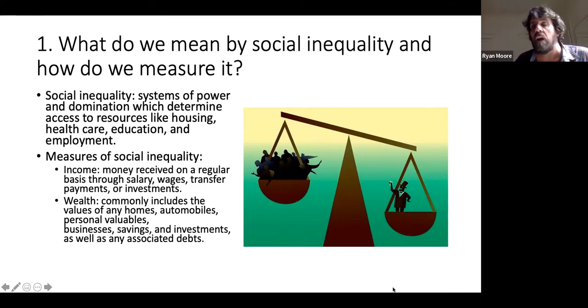In the United States, you still have millions of people that don't have health insurance, meaning that if they need an emergency, it can bankrupt them. And there are millions of people that have huge medical debts. And so we know that access to healthcare is something that is definitely determined by income and wealth and power.